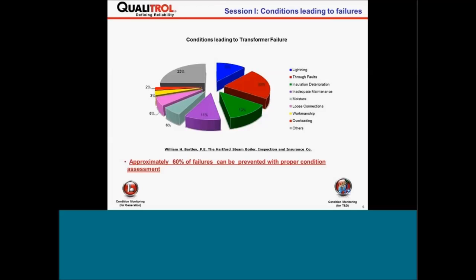This is just an example from the Hartford Steam Boiler Inspection Insurance Company. There are other publications by Cigre showing similar pie charts and breakdown of fault conditions and percentages.